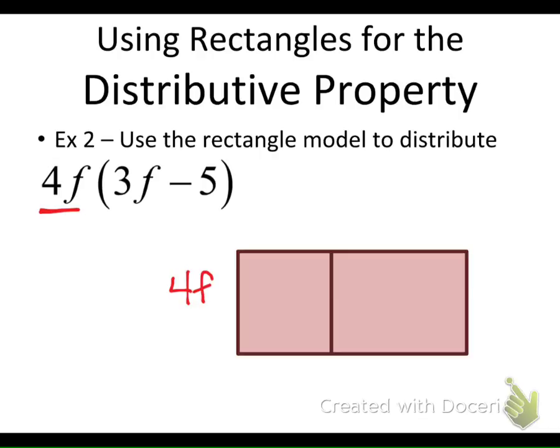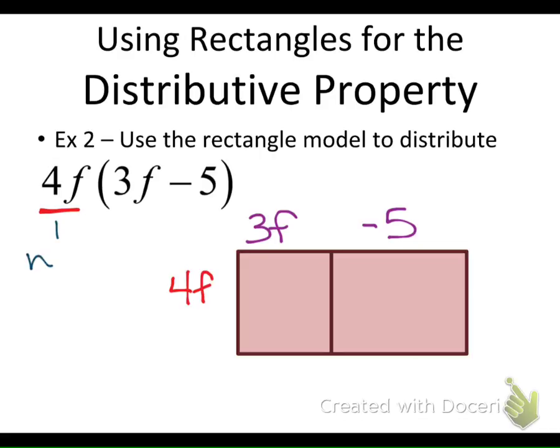The 5 and the 3f. Good. Now this 5 has a minus in front of it. So what does that mean that 5 is going to be? A negative. Awesome. -5. Good.